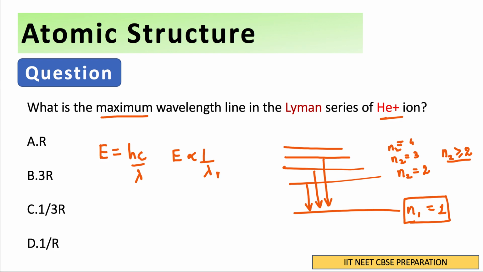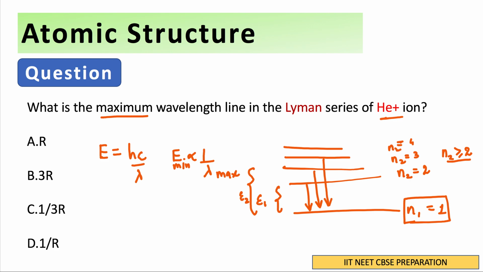So in the question, we want maximum wavelength. If wavelength is maximum, energy will be minimum. So for minimum energy, which transition do you need? Suppose this is E1 and this is E2. E1 will be the smallest amount of energy, E2 is more energy, E3 is even more energy.